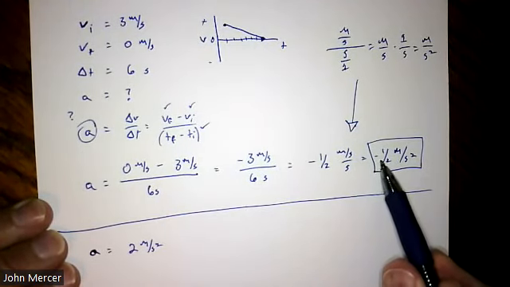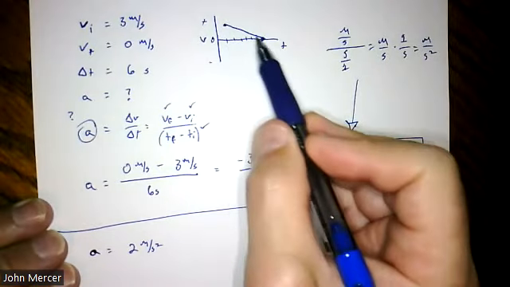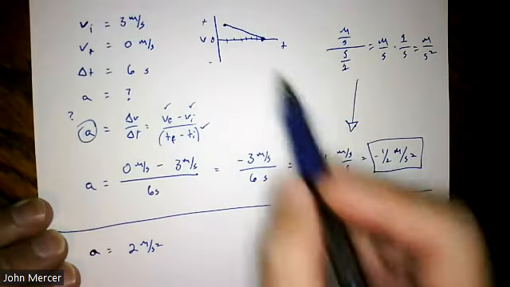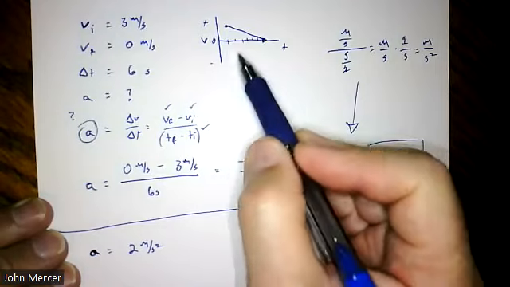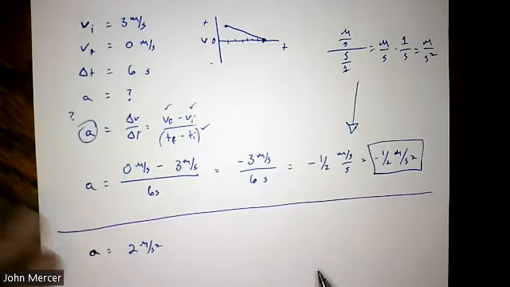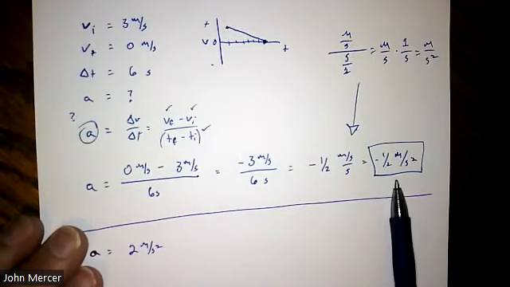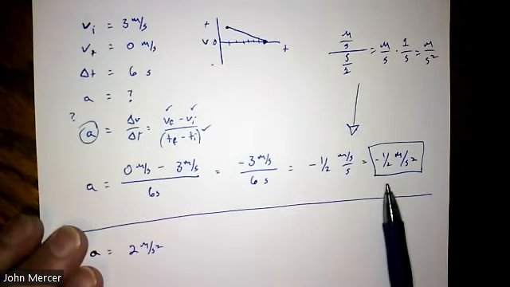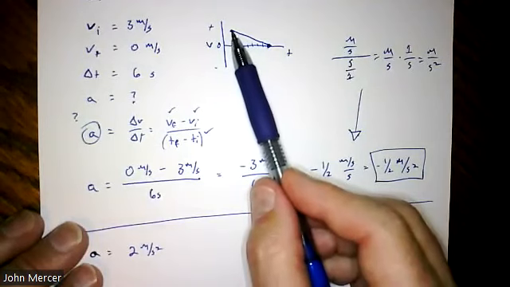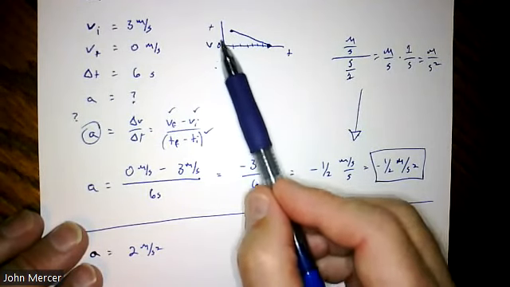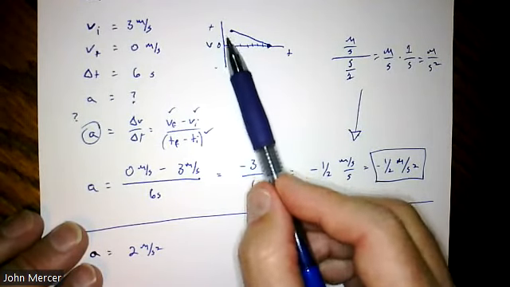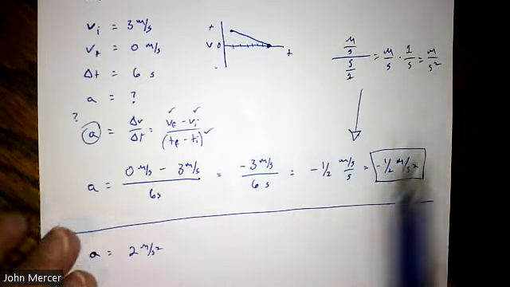So that's a good check. And the steepness of that slope is 1/2 meter per second over seconds. So our graphing matches up with our calculation. And what would we say is happening? This is slowing down while moving forward because everything's in the positive direction.